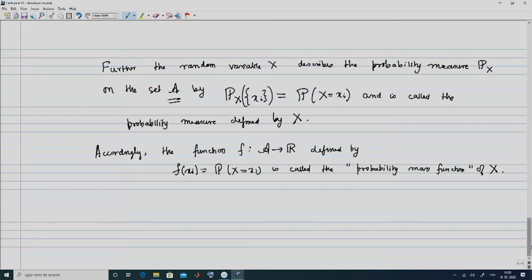So, here we specify that it is a probability mass function for the random variable x.